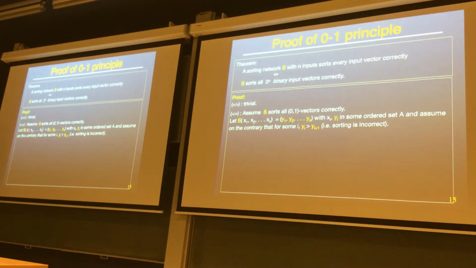So we have some arbitrary input, x1 to xn. We observe an output, y1, y2, yn, in increasing order, hopefully. And now it appears that for some given i, we have yi is larger than y(i+1). So there is a mistake.